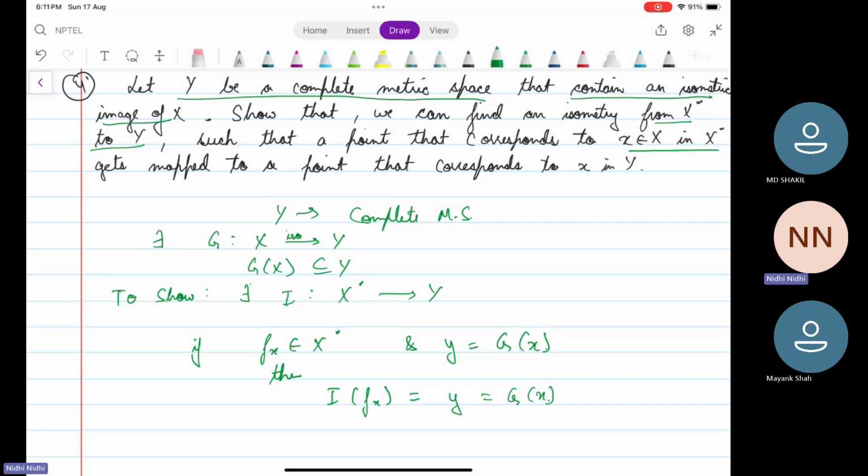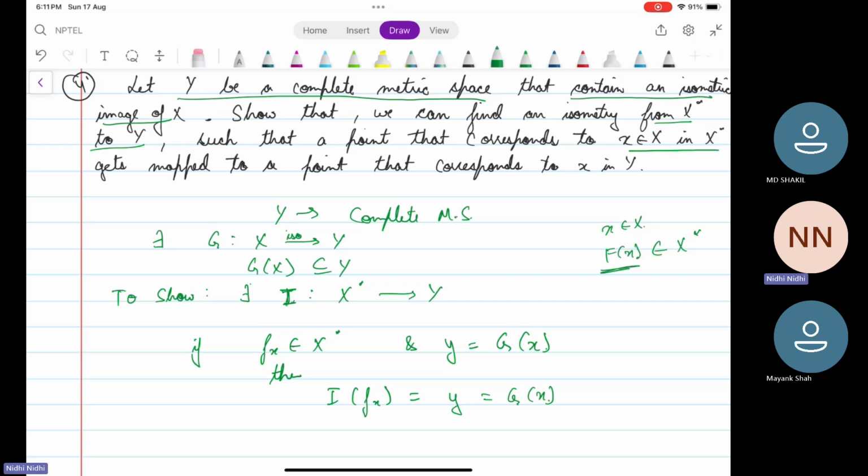What we want to show is that there exists an isometry from X star to Y such that a point that corresponds to x in X star, basically X star was containing an isometric image of X. So any point x in X is mapped to some f_x in X star.